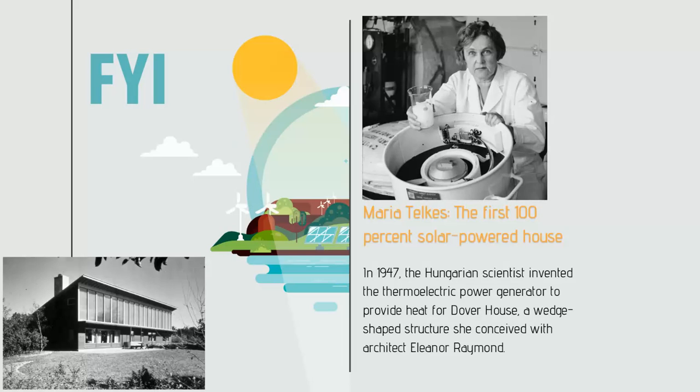In 1947, the Hungarian scientist invented the thermoelectric power generator to provide heat for Dover House, a wedge-shaped structure. She conceived it with architect Eleanor Raymond. So she made the first 100% solar powered house. So, a woman power indeed.